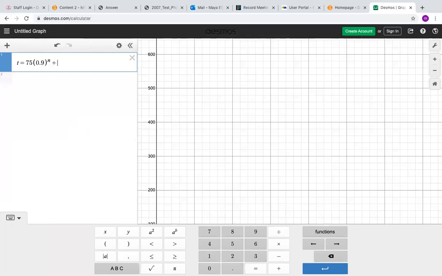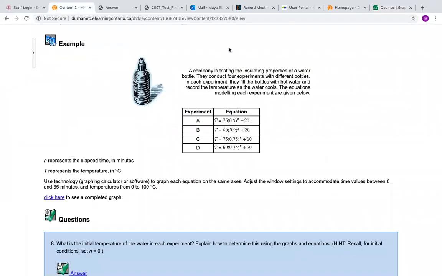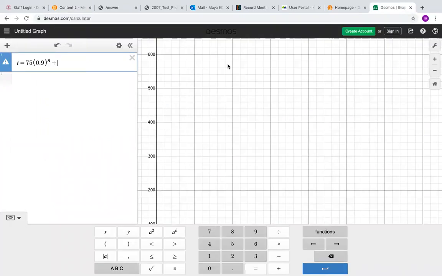And then plus, I think it was 20, plus 20. Okay, so a lot of people forgot that this is an exponential function and forgot to put the n as an exponent, and they did the multiplication, which is totally different.